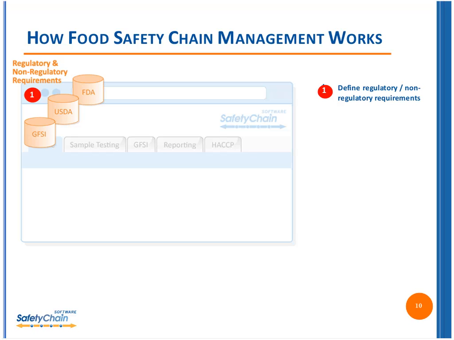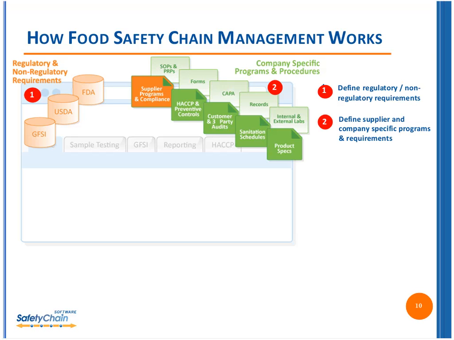So how does this happen? Well, you'll be seeing in the demo, first, all of those regulatory and non-regulatory requirements. Today we're talking about FDA, but obviously this can be your GFSI, your USDA requirements, all set up and defined in the system. In addition to the regulatory requirements, all of the supporting programs and all of the components of your various food safety plans are also set up in the system.